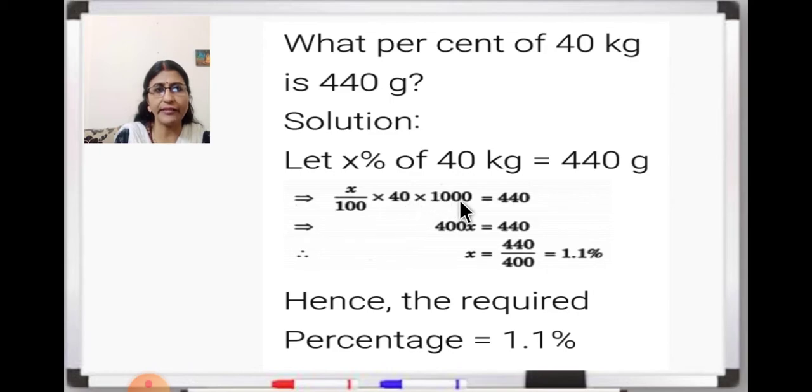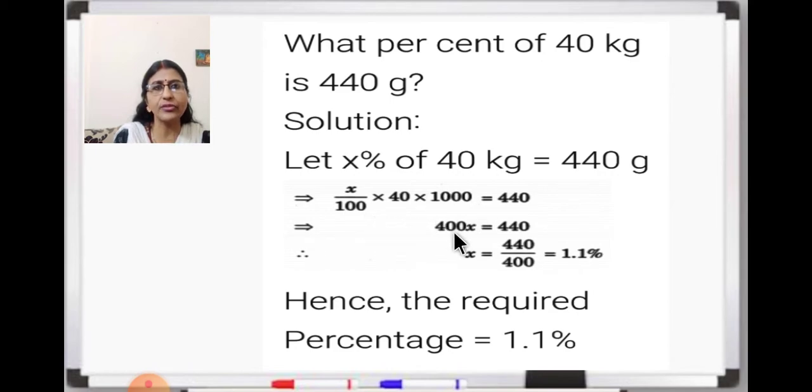So here you can write 40 multiplied by 1000, or directly you can write 40,000 also. But then you have to see the units. These are very important. If you forget to convert here, then you will make mistake and there will be different answer. So you will first see the unit and you are going to write here 40,000 and then you are going to reduce it.